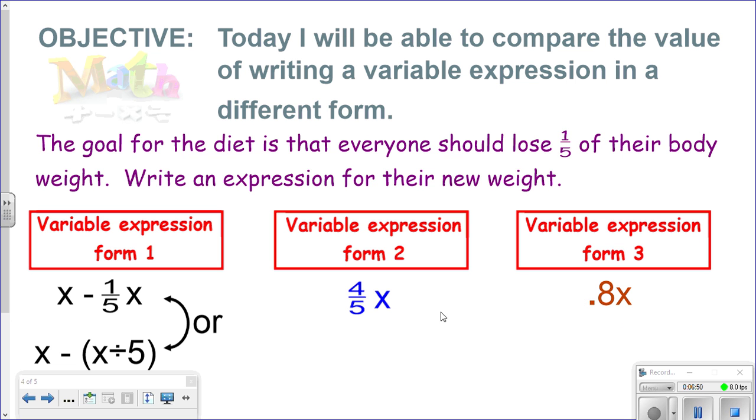Each of these expressions represents the exact same thing. Sometimes writing the expression in one way over another makes the problem easier to solve, but all of these would be correct in expressing this particular problem.